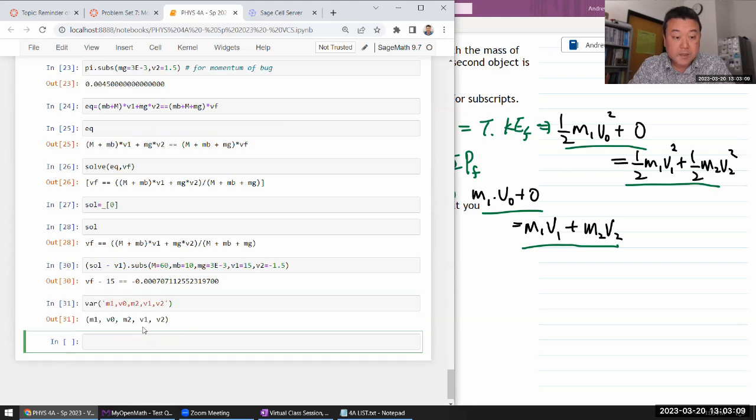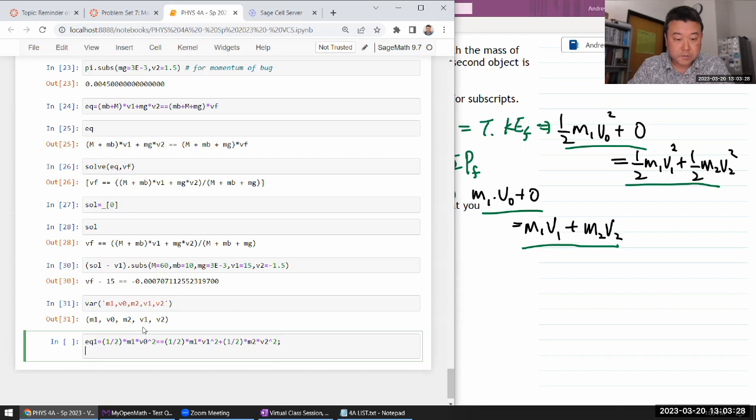Okay, and my equation 1 will be the conservation of energy: it is equal to 1/2 times m1 times v1 squared plus 1/2 times m2 times v2 squared. And equation 2 will be conservation of momentum: m1 times v naught is equal to m1 times v1 plus m2 times v2.